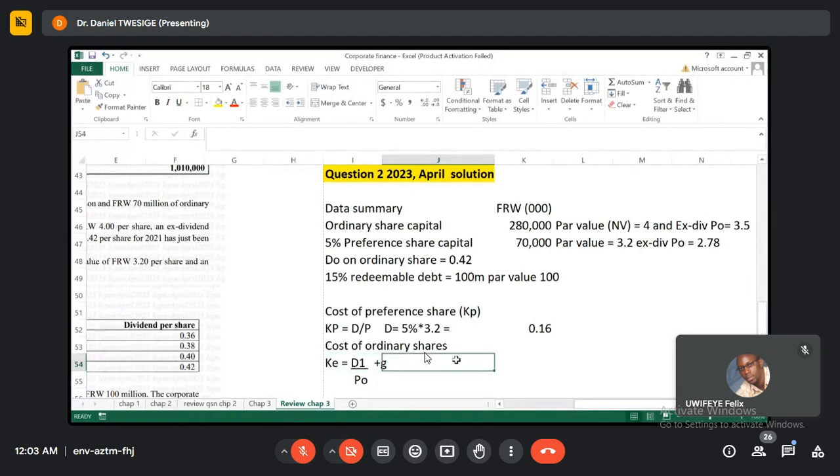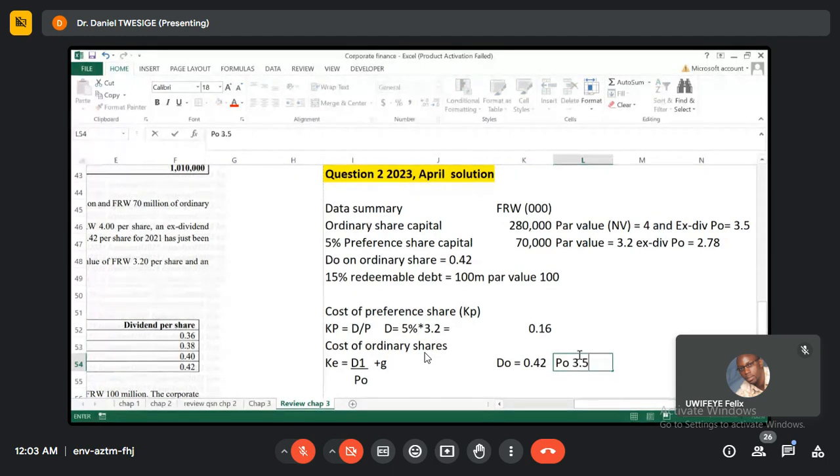So the question has given us, if we check our data, a D0, which is 0.42. That's the D0. We have been given our P0, which is 3.5. Hope you are there.